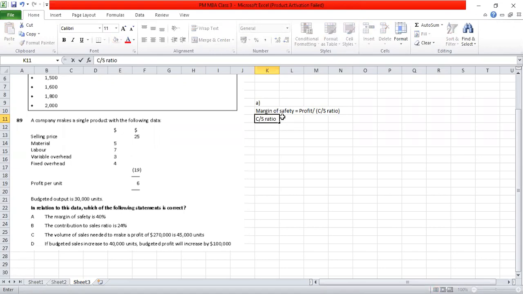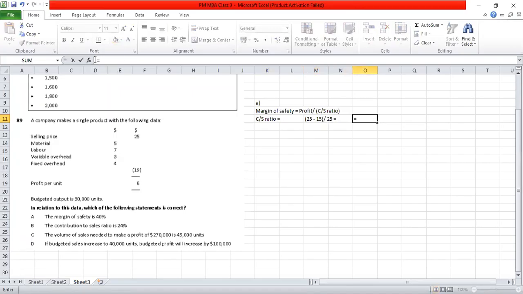C by S ratio is equal to C, which will be 25 minus variable cost of 15. Do you see that? So contribution is 10. Then the entire thing divided by 25 is equal to how much?